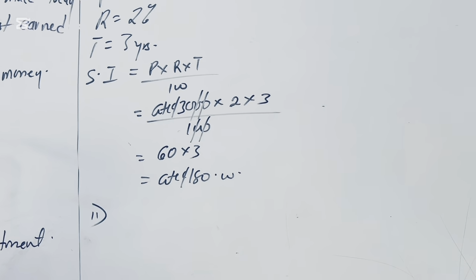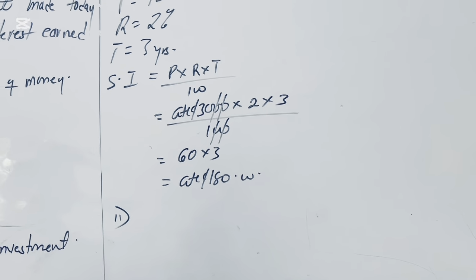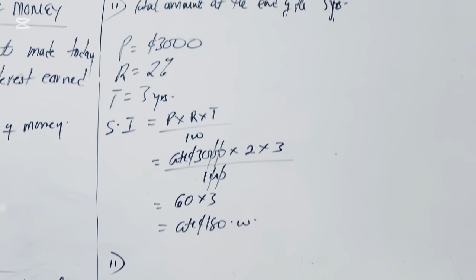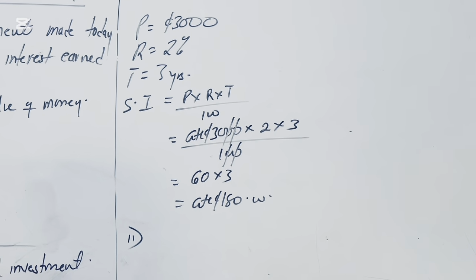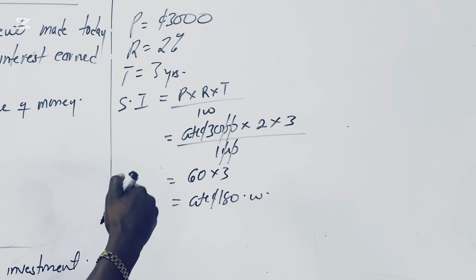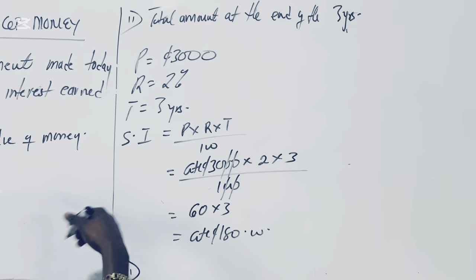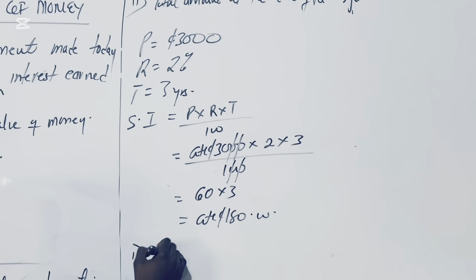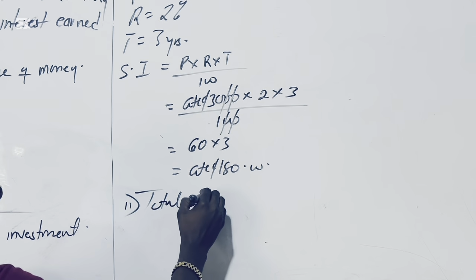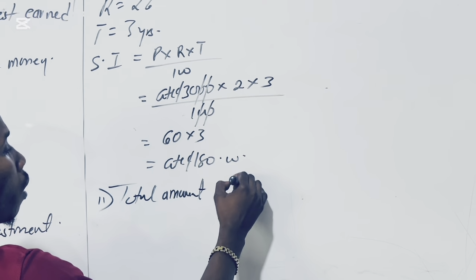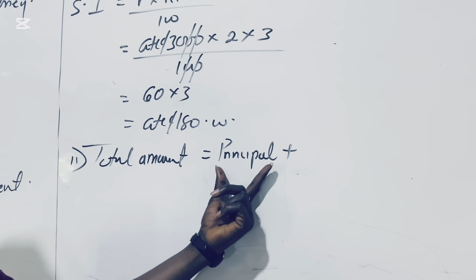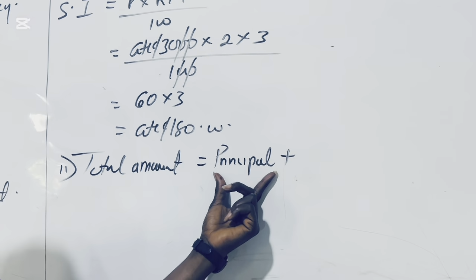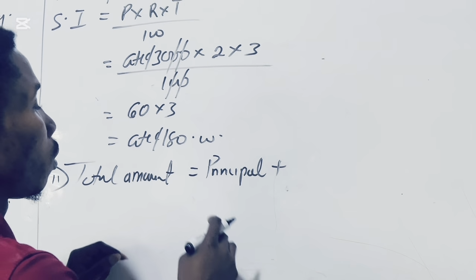Now, the second part of the question is what will be our total amount at the end of the 3 years? So normally your total amount, or we call it the investment worth or the future value of the amount. So the total amount at the end of 3 years is going to be our principal. Remember I said the principal is the amount of money invested in a business or in a bank account.